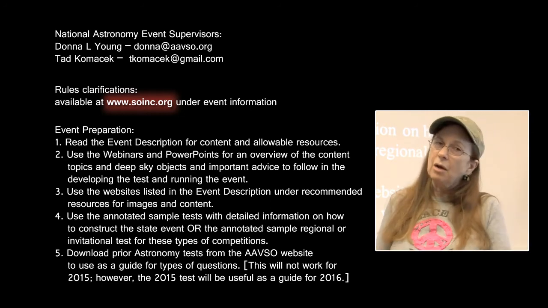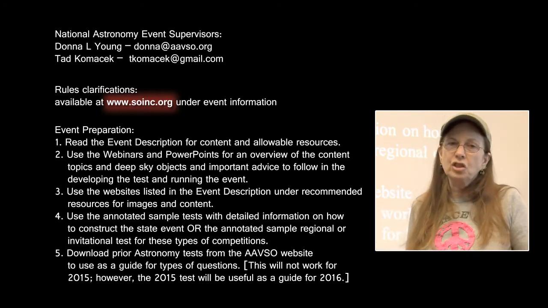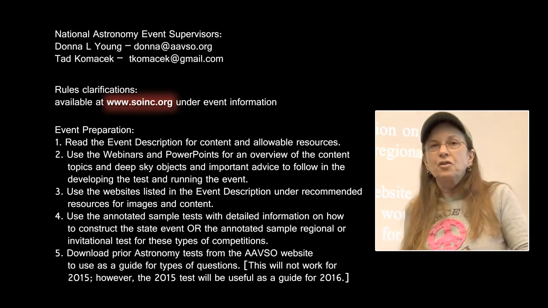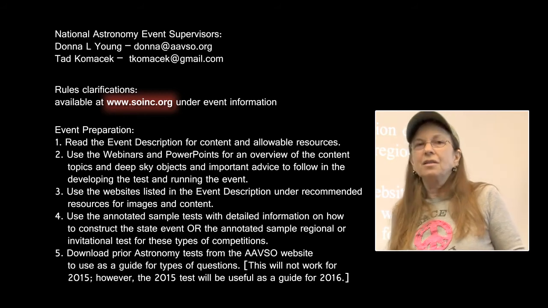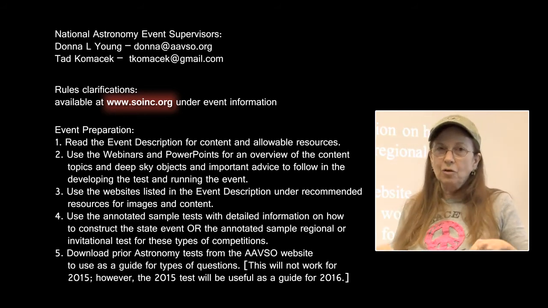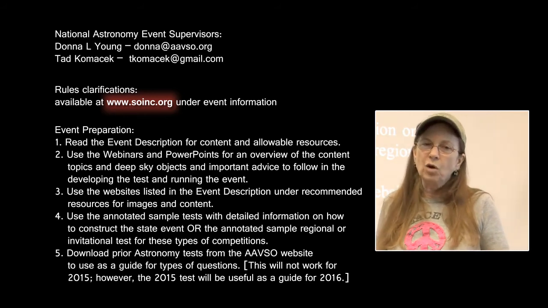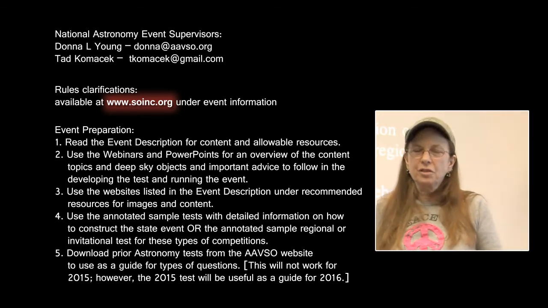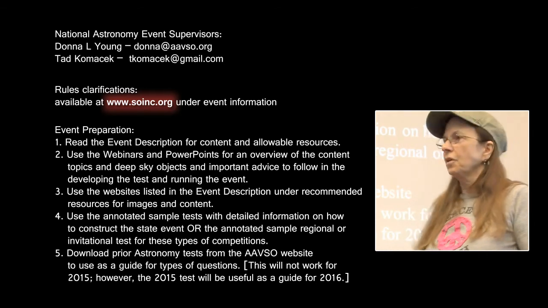However, that will not work this year because this is the first year for star and planet formation with exoplanets on it. However, for the 2016 competition, you could definitely download the 2015 one to use as a resource to develop your own questions for the next event.